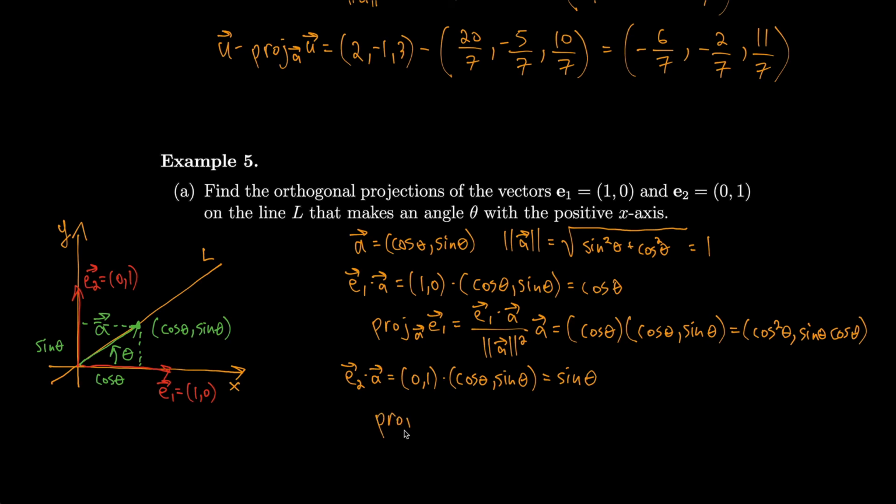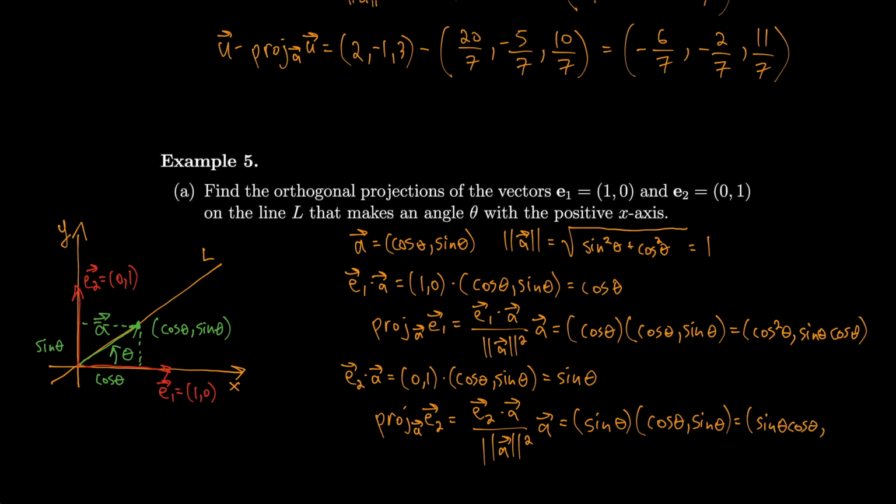That means that the projection of e2 along A will just be e2 dotted with A over the length of A squared times A. And we calculated that e2 dotted with A was sine theta. The length is still 1, divided by 1 is just sine theta, times (cosine theta, sine theta) for A. And that's just (sine theta cosine theta, sine squared theta).